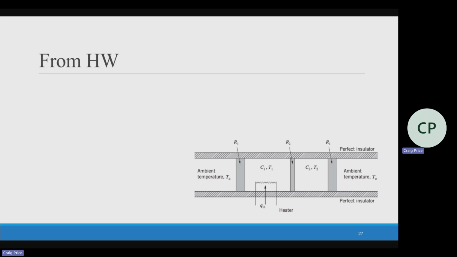So for the heat of the ambient, can it be the temperature over the resistance, or does it have to be something like this? Is this correct right here, or is this correct right here? That is not correct.